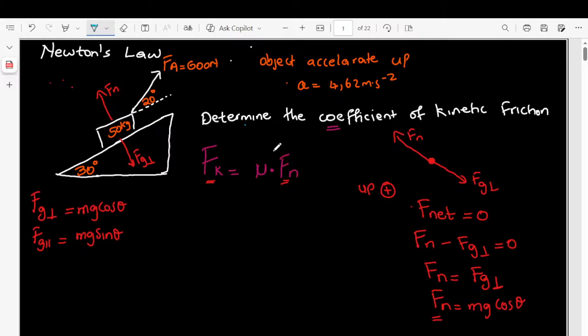Someone says frictional force. No, we are not missing a frictional force. Frictional force is not a vertical force. A lot of people are saying we are missing frictional force. No, guys, frictional force is not a vertical force.